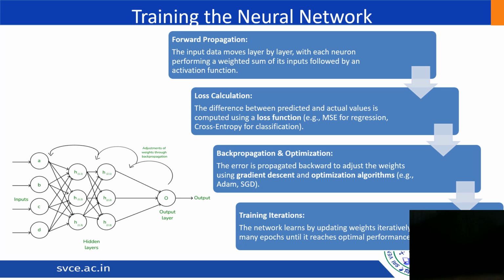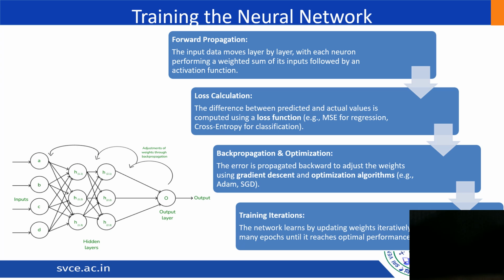These are the steps we will follow to train the neural network. First, the input data moves layer by layer, with each neuron performing the weighted sum of its inputs, followed by an activation function. Next is calculating the loss. The difference between predicted and actual value is computed using a loss function, for example, mean square error or cross entropy loss.